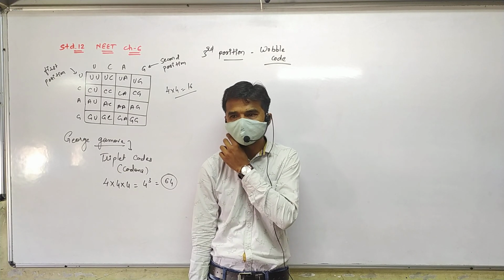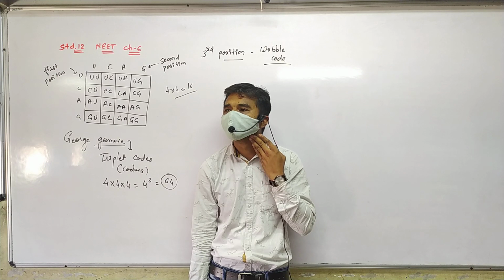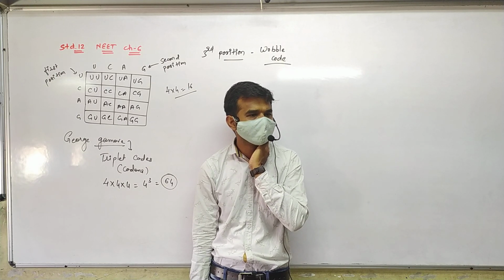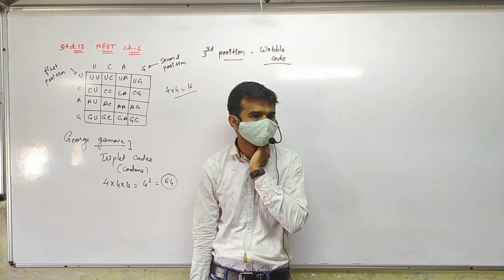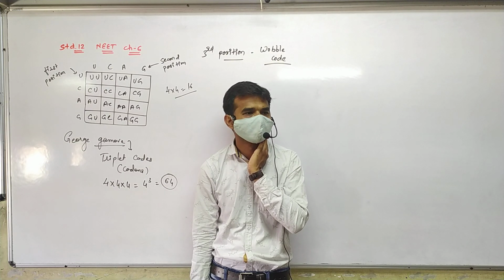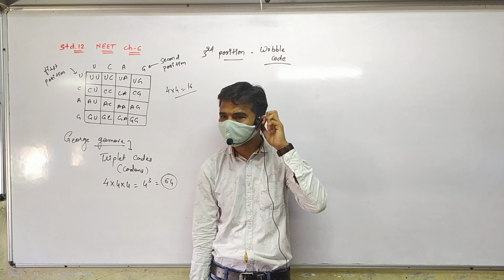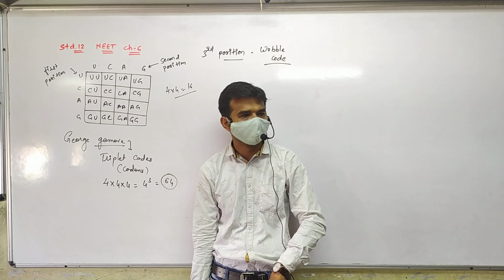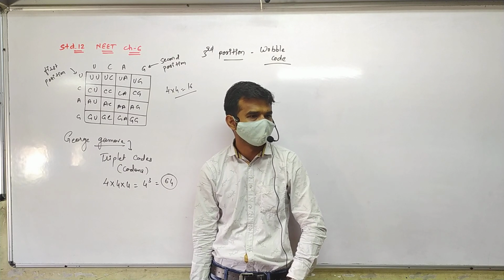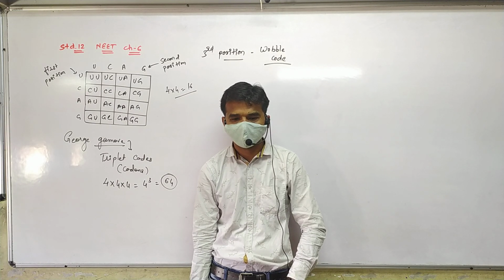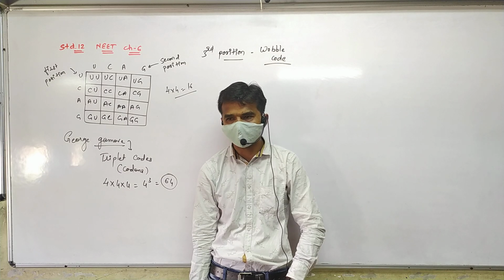3 amino acids represent 6 codons each. Which are they? Leucine, arginine, and serine. To remember, I give a trick: 6 codons, last. Last: L, A, S, leucine, arginine and serine.